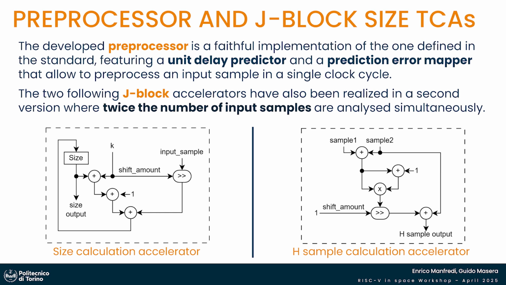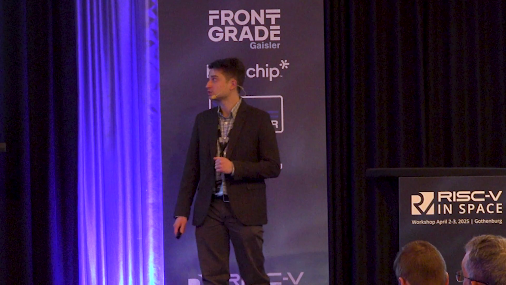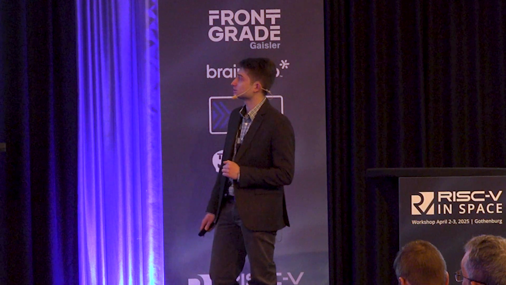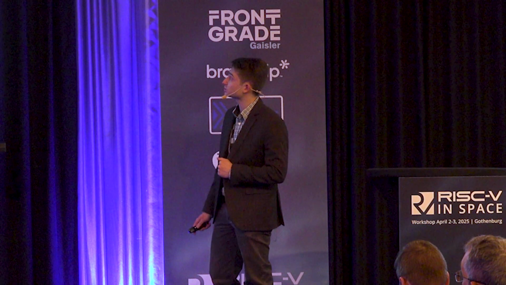And the J-block accelerators are a couple of accelerators, which we can see here on the bottom, that enhance the compression size calculation and the H-sample calculations. These two accelerators have also been realized in a second version where twice the number of samples are computed with each instruction. We can now see some results for this first round of accelerators.